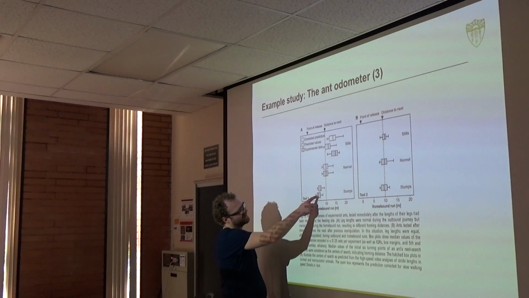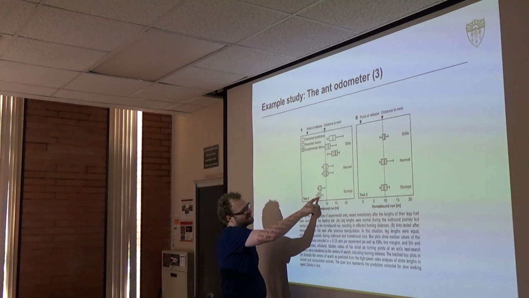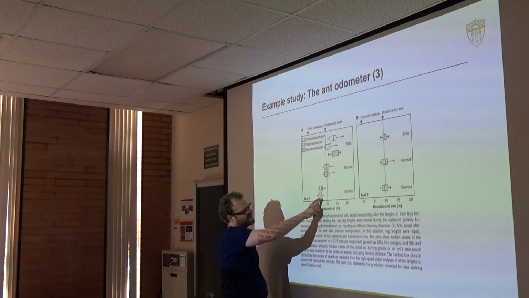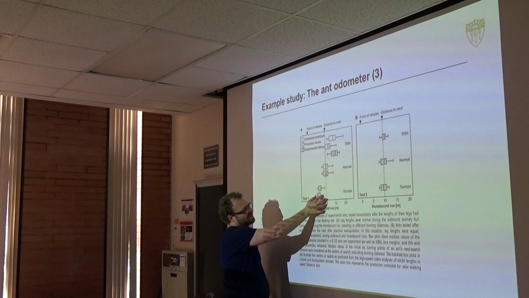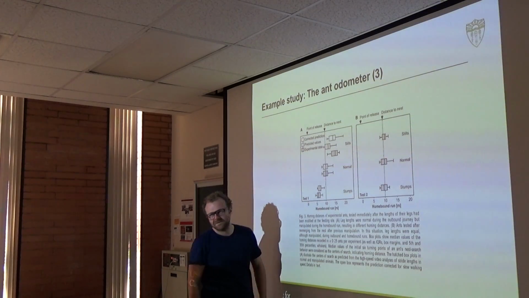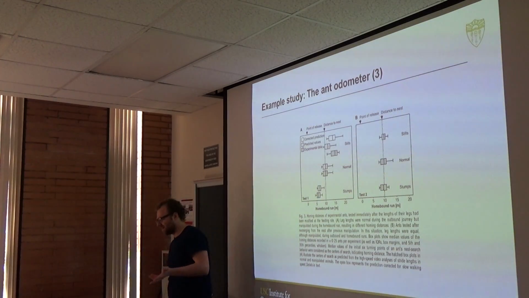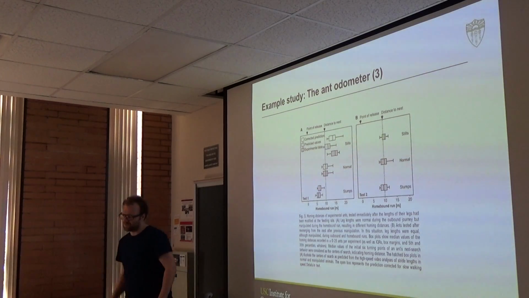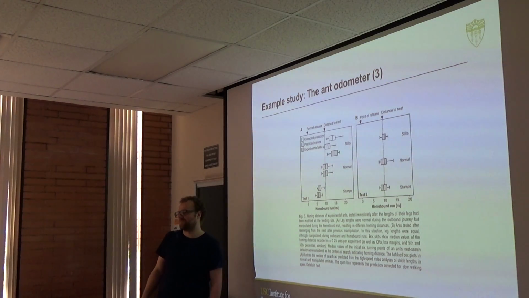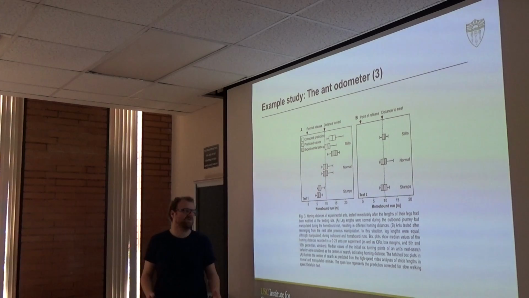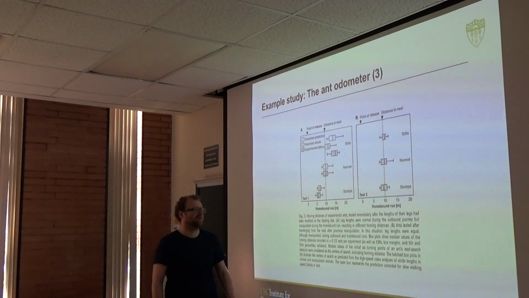You have your median, so 50% made it here. Then you have 75% made it in between here. These whiskers are more related to magnitudes of standard deviation. So you kind of have information.